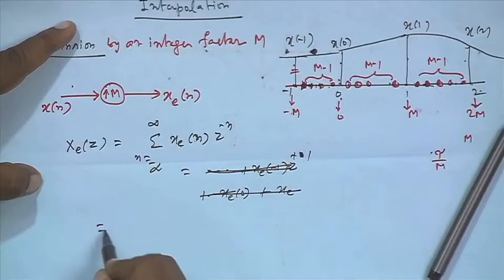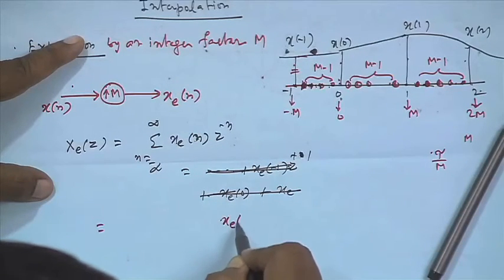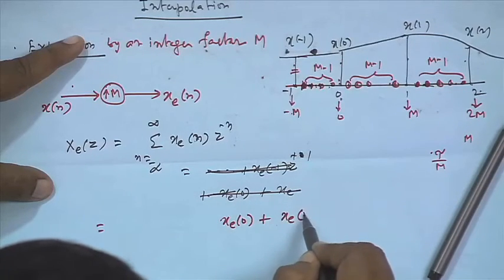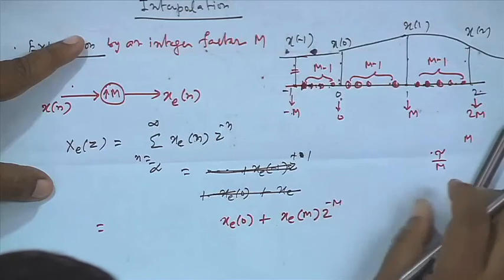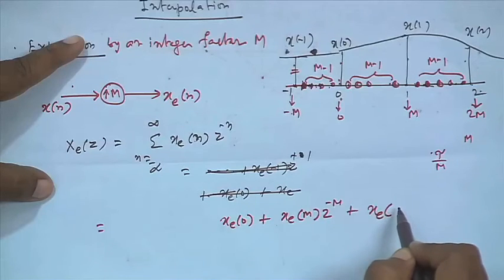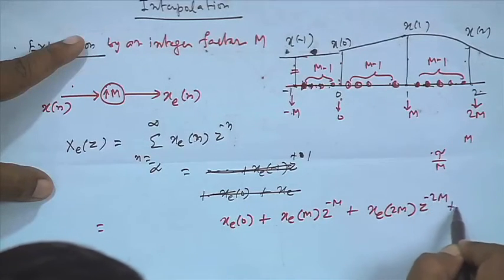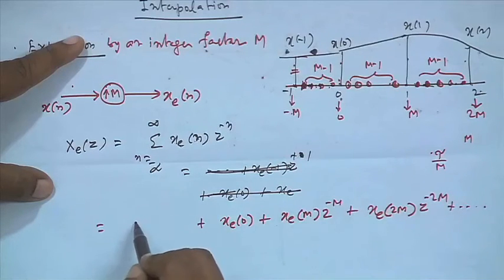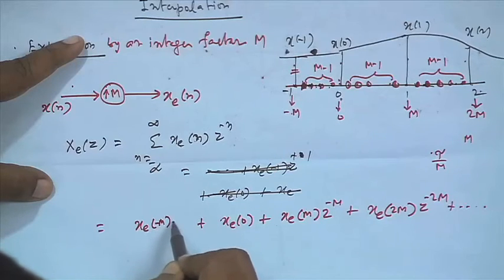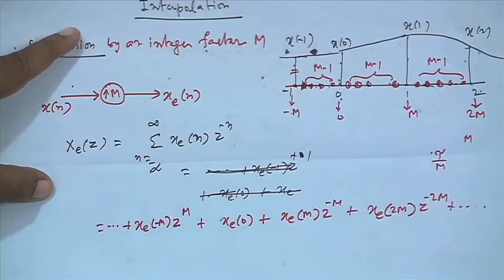So, this summation is x e 0 as it is, then x e m z to the power minus m, x e 2m, and on this side similarly.